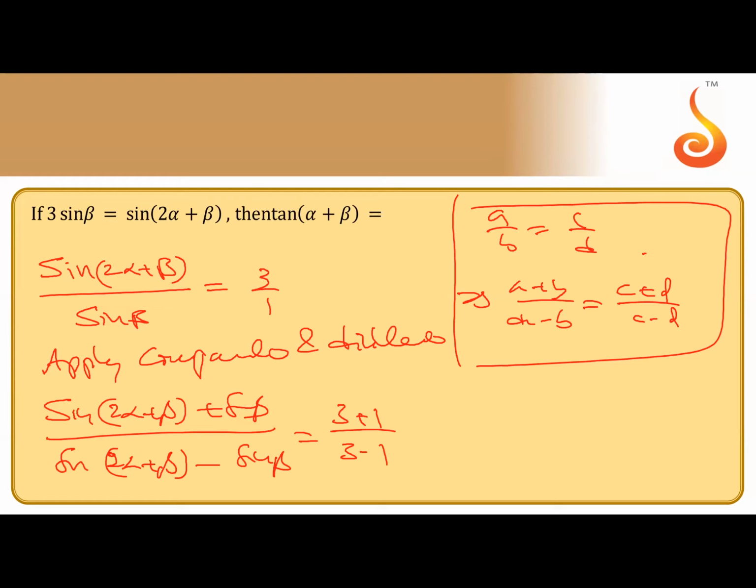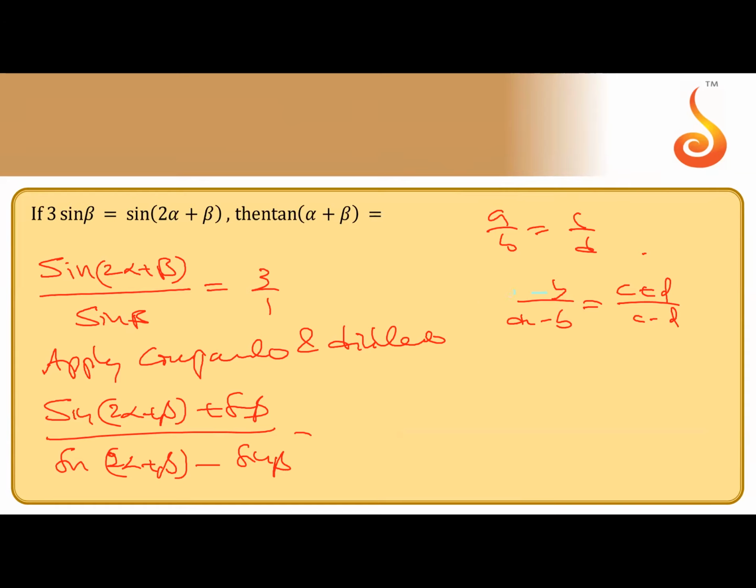You can apply the transformation formula also, doesn't matter. Use the transformation formula for sin c plus sin d, sin c minus sin d, or I give the formula directly, that also can be applied. Now you can take the formula directly: tan of a plus b by 2 by tan of a minus b by 2. Let's take a, this is b.